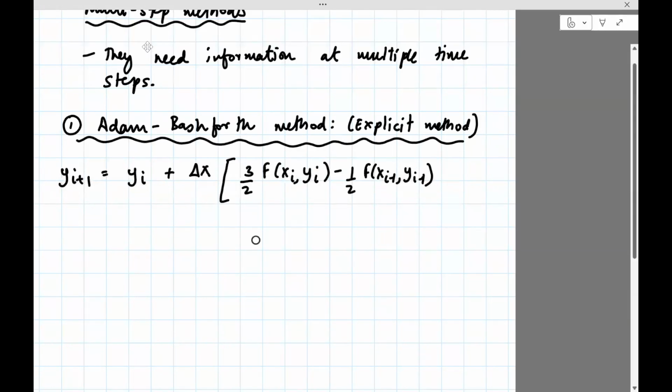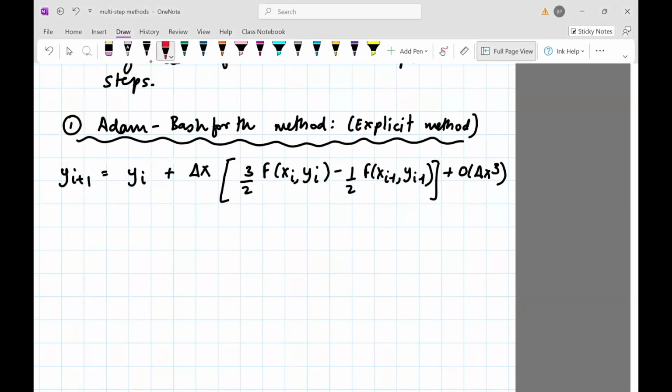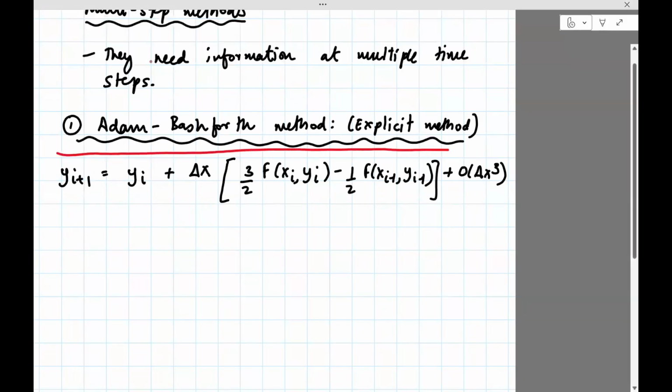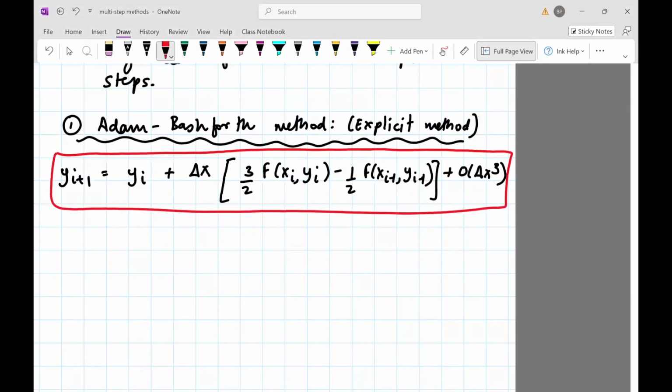And then I'll also put the truncation error here. The truncation error is of the order of delta x cubed. So it's accurate to second order. This one has a name.